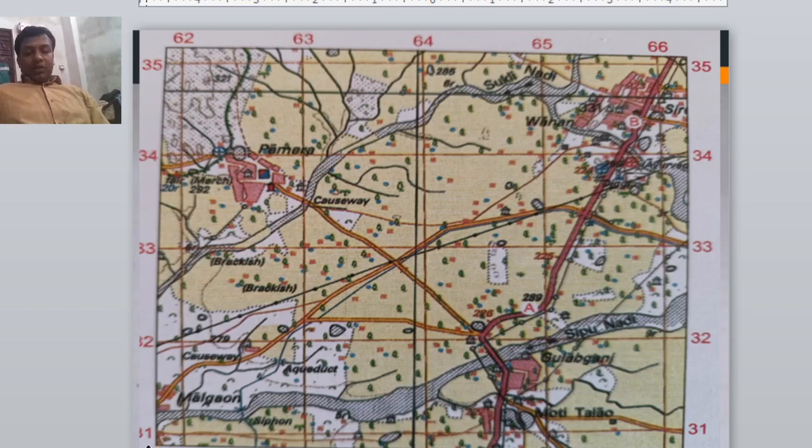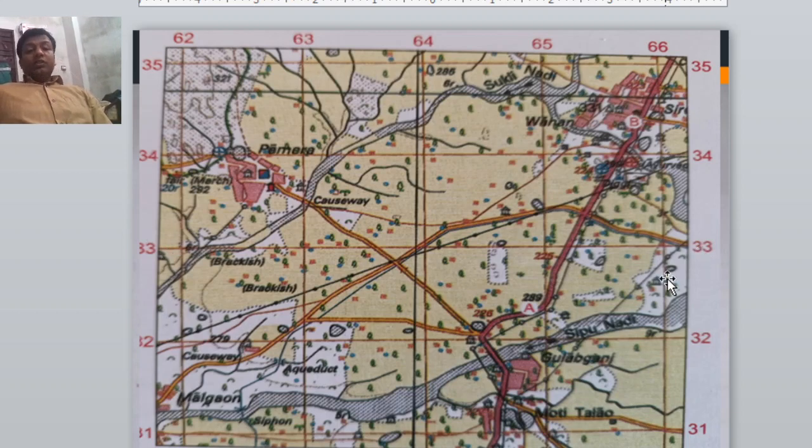As you see in this picture, you have 62, 63, 64, 65, 66. If you go through the direction in geography, it is north to south. Keep in mind what I am saying. And 31, 32, 33, 34, and 35 are written in a west to east or east to west manner. So definitely these are longitude lines and these are latitude lines.